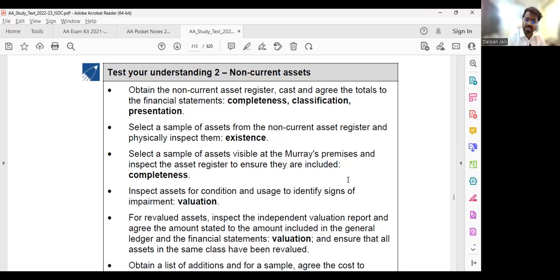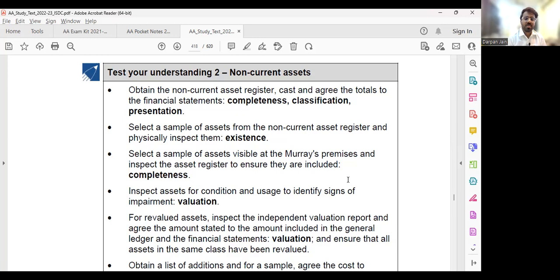So obtain the non-current asset register, cast it to see whether it is arithmetically accurate or not, and agree the total of that to the financial statements. The same point that we saw in non-current liabilities also, correct?